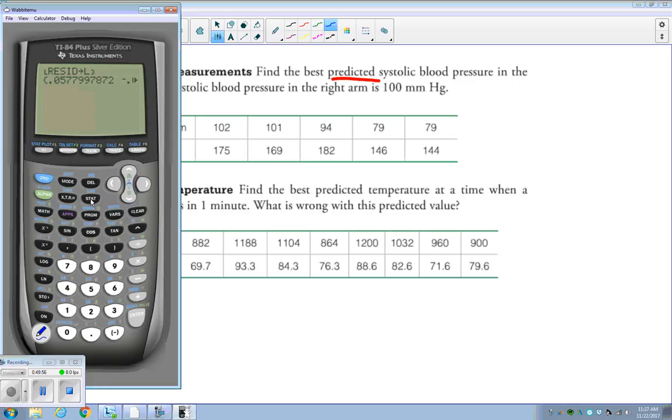I'm going to hit my stat. I'm going to cursor over to tests. I'm going to cursor all the way down to where it says linear regression t-test.